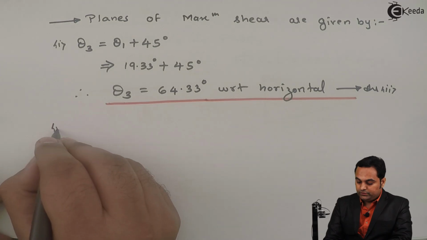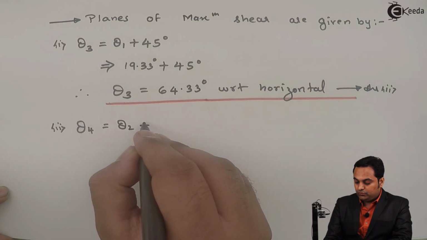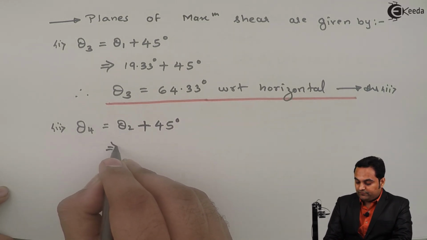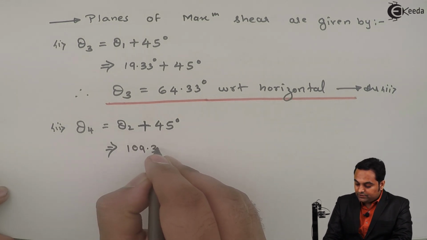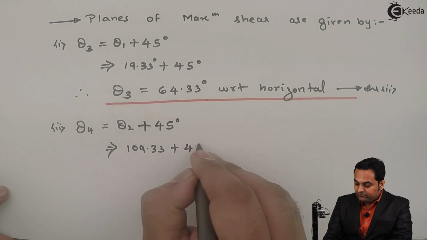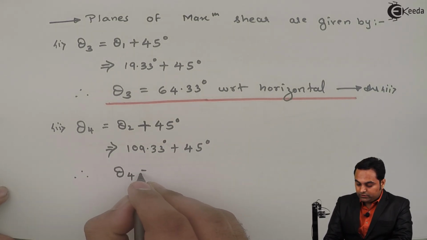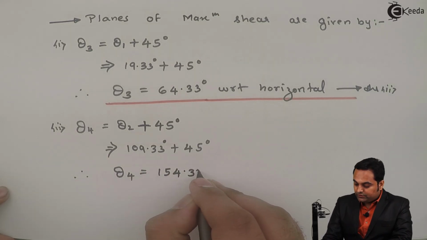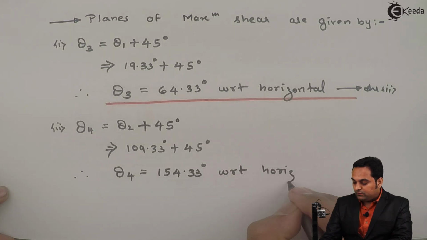And now theta 4 is theta 2 plus 45 degree. So therefore theta 2 was 109.33 plus 45 degree. So therefore theta 4 comes out to be 154.33 degree with respect to horizontal.